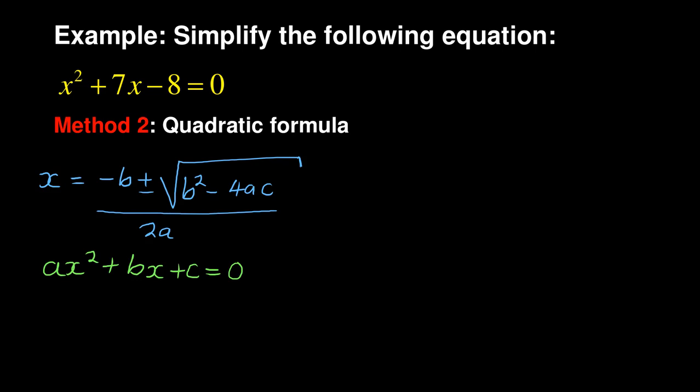Now, if I match it with the equation that I'm given above, I've got x squared plus 7x minus 8 is equal to 0. What I have in the beginning here is a 1. So I have matched the equation I'm solving to the general quadratic equation, and from that I can identify my a, my b, and my c, because my formula is in terms of a, b, c.